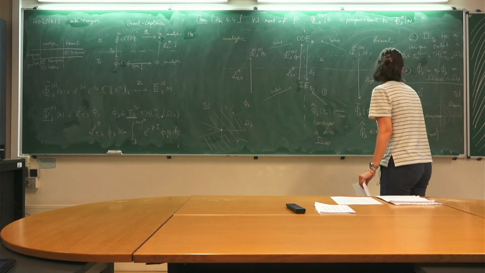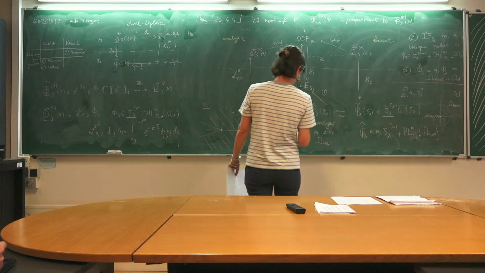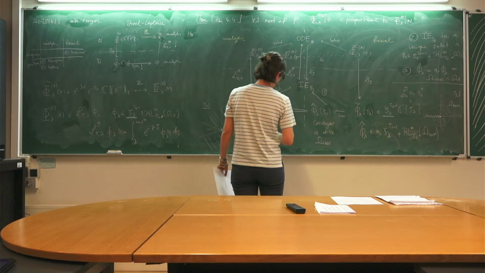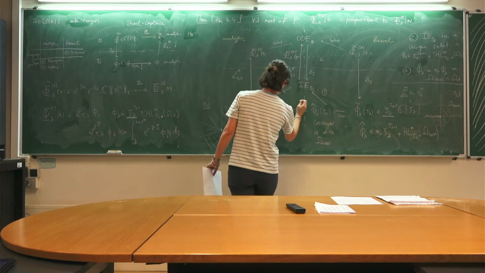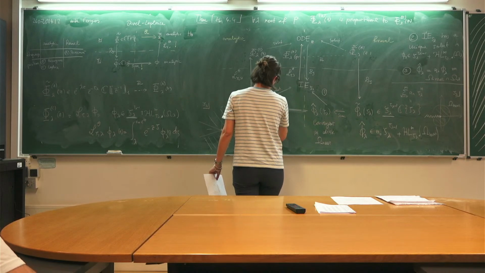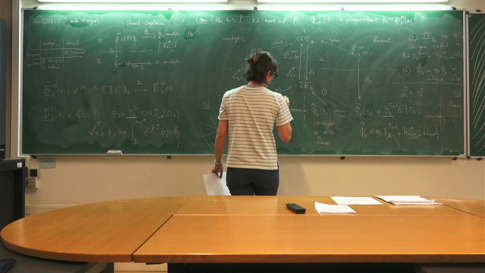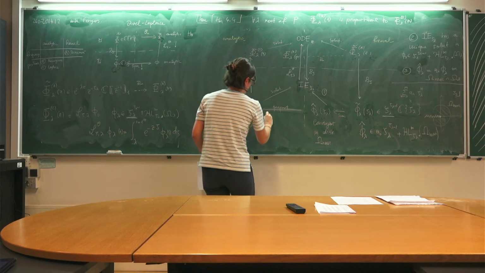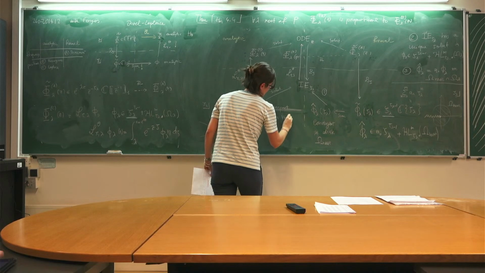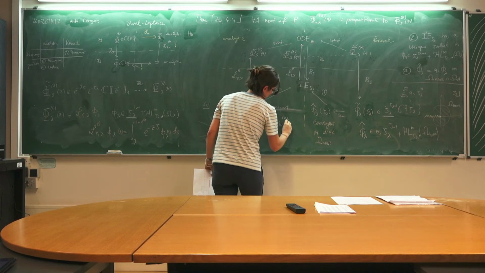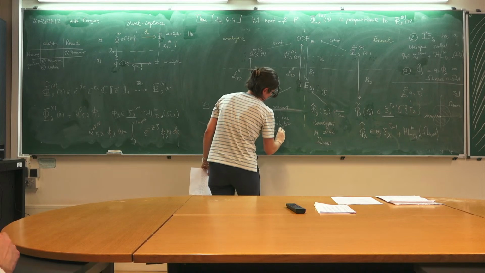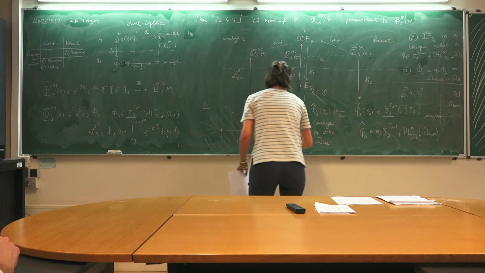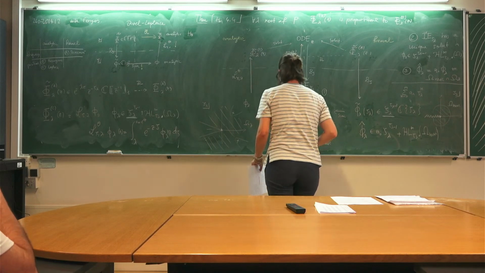So once we are here, thanks to point 3, we can in fact say that, okay, they are proportional, and in particular, phi lambda is the analytic continuation of phi lambda hat.